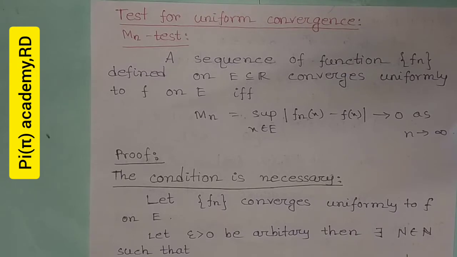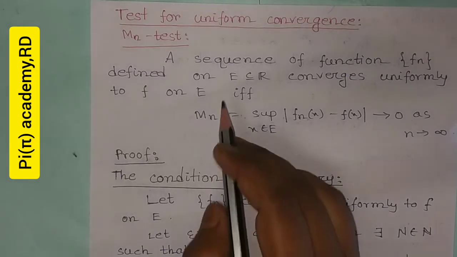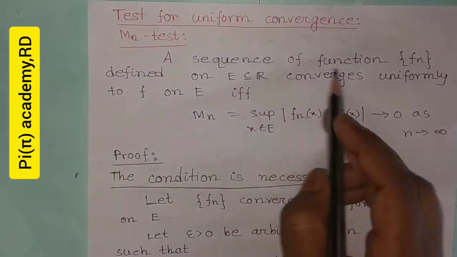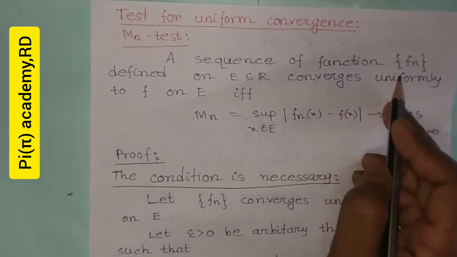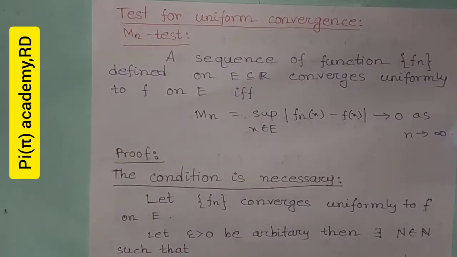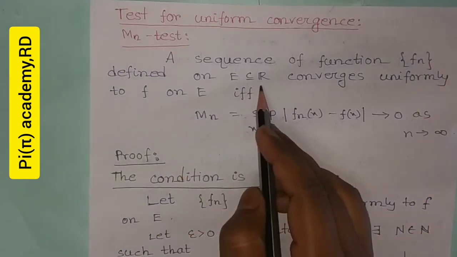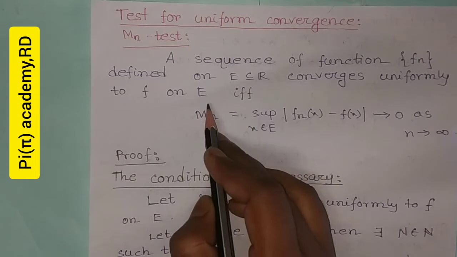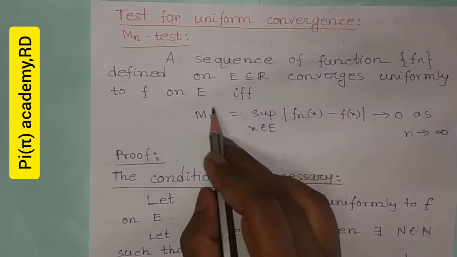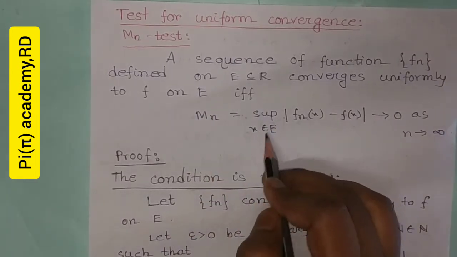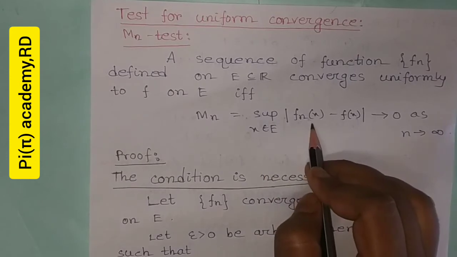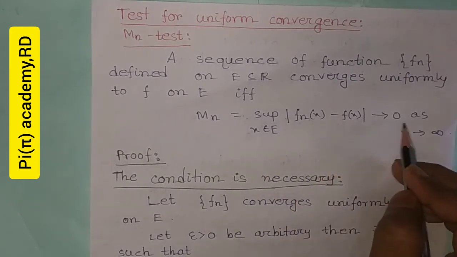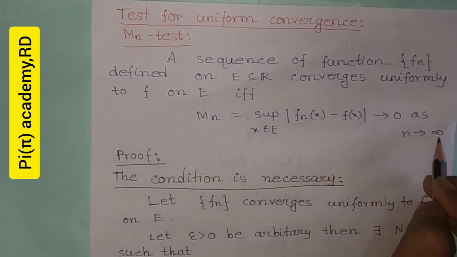So what is the Mn test? A sequence of functions fn defined on E converges uniformly to f on E if and only if Mn equal to the sup over x belonging to E of mod fn(x) minus f(x) tends to 0 as n tends to infinity.